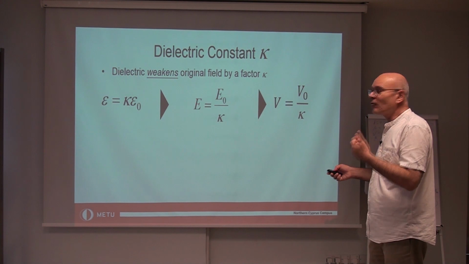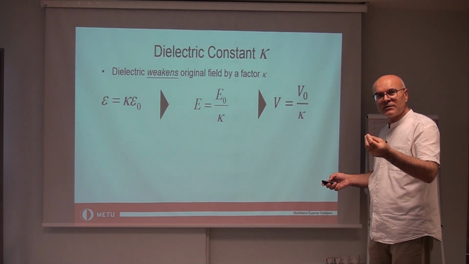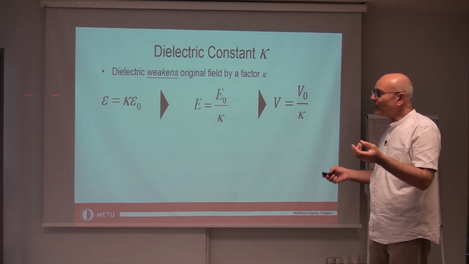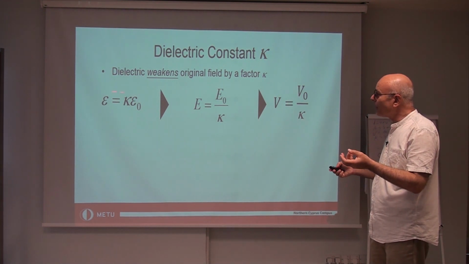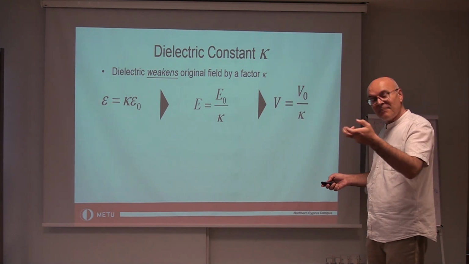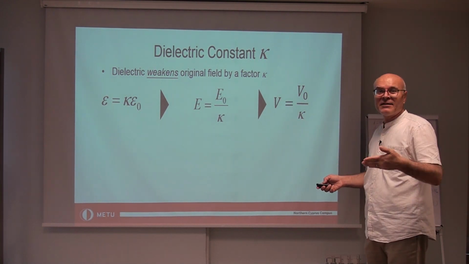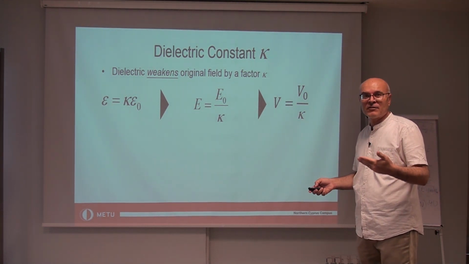Why? Because what is E? E is sigma over epsilon naught. So you can think of epsilon naught going to kappa epsilon naught. So E becomes sigma over kappa epsilon naught. So this is why you have a reduction in the intensity of the electric field.